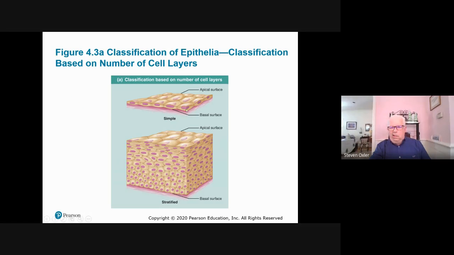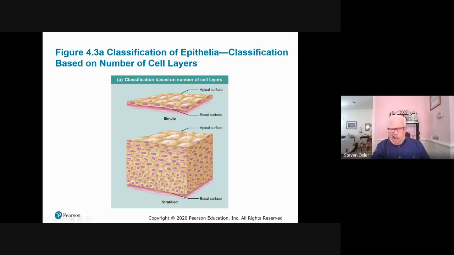Simple, one layer. Here it is, one layer. Stratified, more than one layer. Look, 1, 2, 3, 4, 5, 6, 7, 8, 9, and all of this. Here's the basal surface. Here's the apical surface.